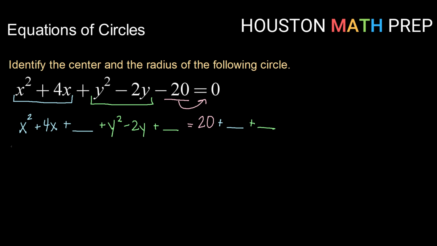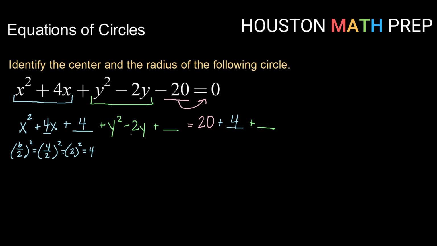Okay, so completing the square. Remember that method says I take b over 2 and I square it. So for my x's, that will be 4 over 2 squared. 4 over 2 can reduce down to 2 squared, which is 4. So both on the left-hand side and the right-hand side, I'm going to add 4.